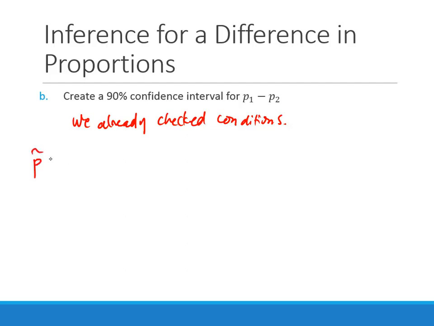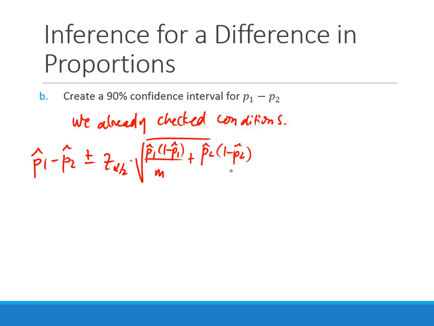So again, we want P hat 1 minus P hat 2 plus or minus Z alpha over 2 times the square root of P hat 1 times 1 minus P hat 1 over M plus P hat 2 times 1 minus P hat 2 over N. And we can start plugging numbers in here. 0.15 minus 0.3 plus or minus a Z alpha over 2 times a big standard deviation.